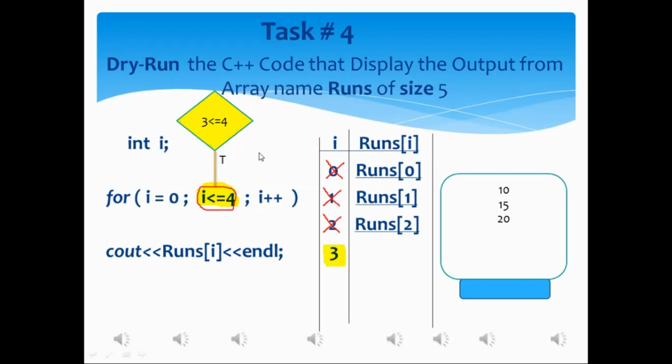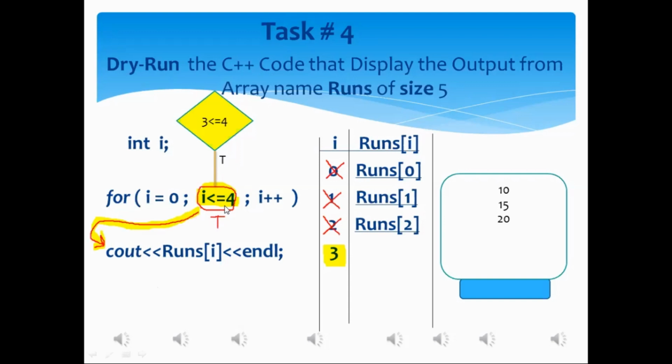Mr. Aftab, another question to you. When this condition within the for loop statement gets true, the control of execution will be shifted to where? For loop associated statement, that is the cout statement. Your answer is correct, my dear.